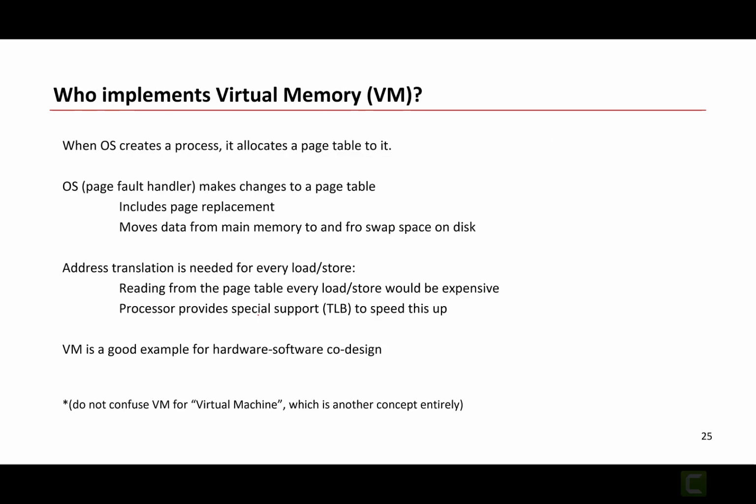So to conclude, virtual memory is operating system functionality. When a process is launched, when you start a program, the operating system allocates a page table for that process. And it is the operating system, in particular the page fault handler, that is responsible for identifying the victims and finding space for a page in the main memory and swapping it from the disk.